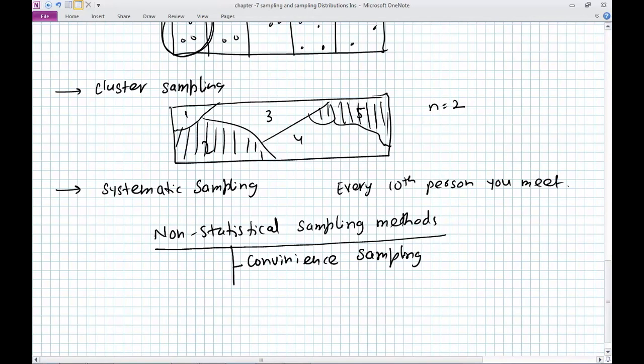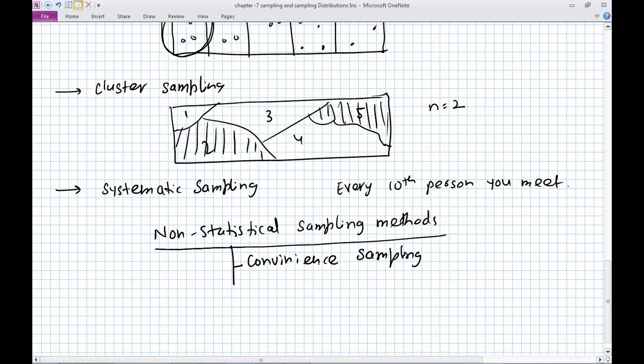So if a truck comes to the plant or this foundry and this truck is full of sand, it is very difficult to get a simple random sample from the whole truck. It's very difficult to get inside the sand and take samples from each and every corner possible. So what people generally do is they go for convenience sampling. They take a sample from the top and take it to the lab, look at the properties of the sand, whether it is usable in that foundry or not.